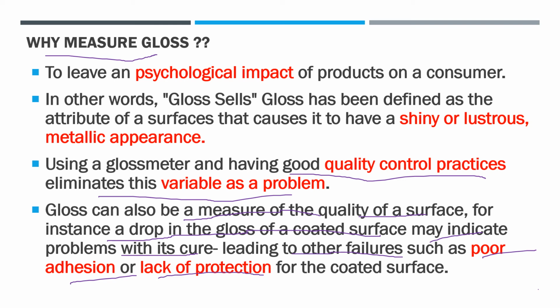Means sometimes you won't be able to get proper adhesion because of more curing of your substrate, and you can identify this problem by checking gloss. And really if your gloss is very good, your light is going to reflect, your product will look shiny, you will get a proper finish, and really the consumer will pay for that.